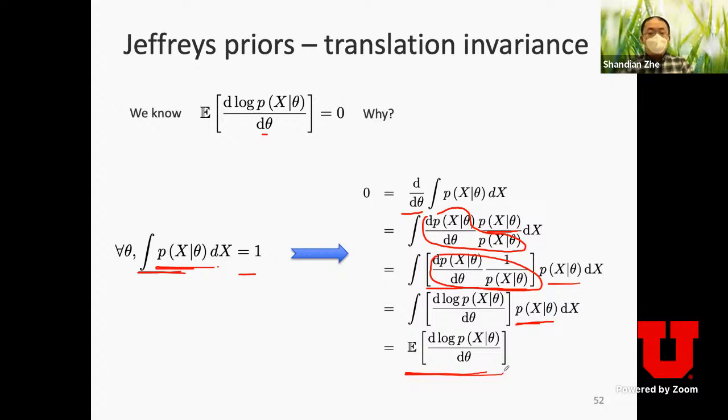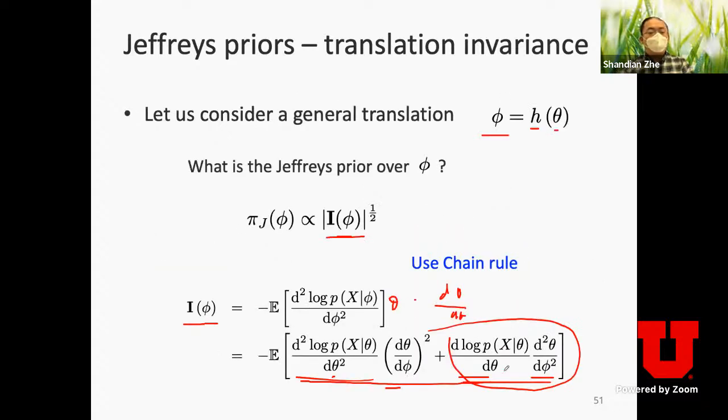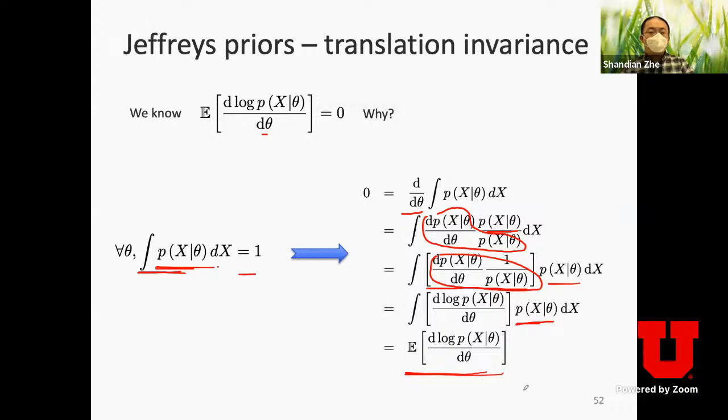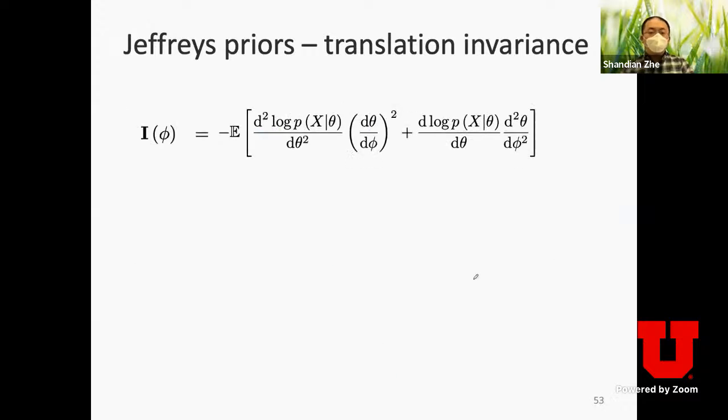So that means we can throw out this term. This term is simply 0, and we only leave this one. If we take the expectation, we know that this is the Fisher information of theta.